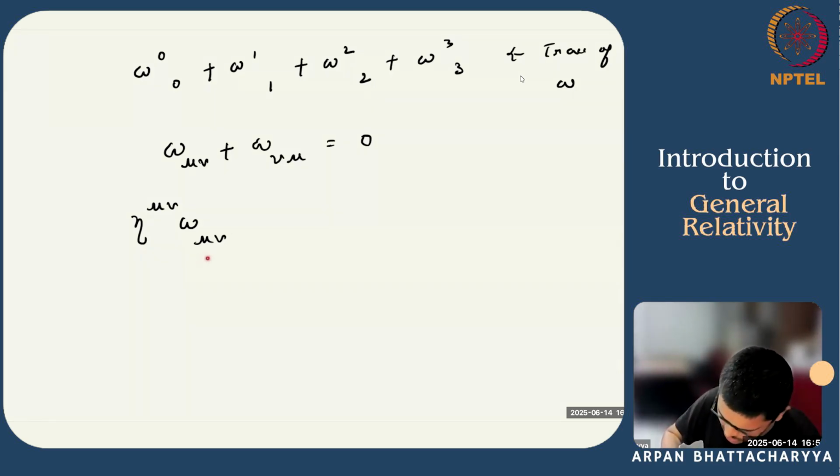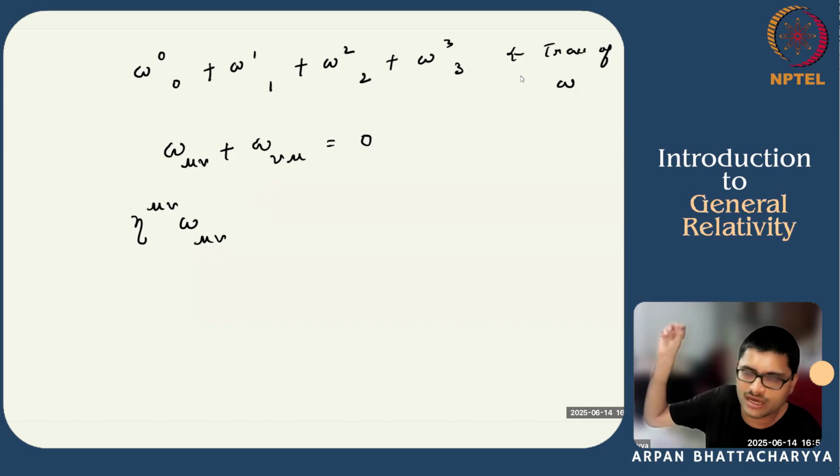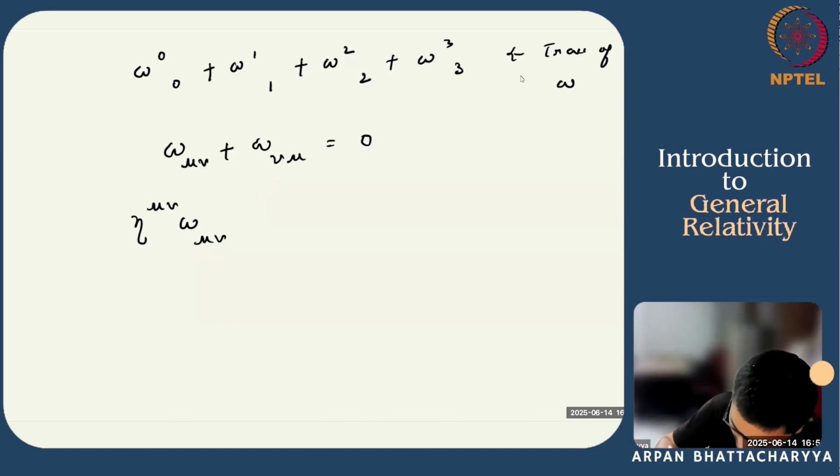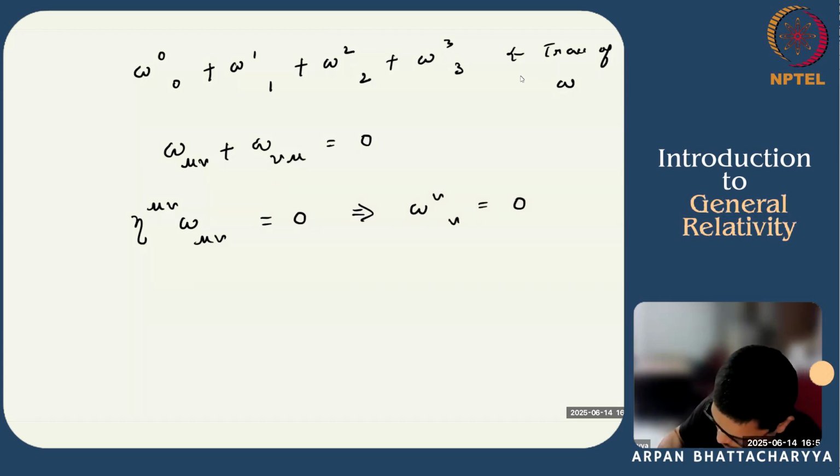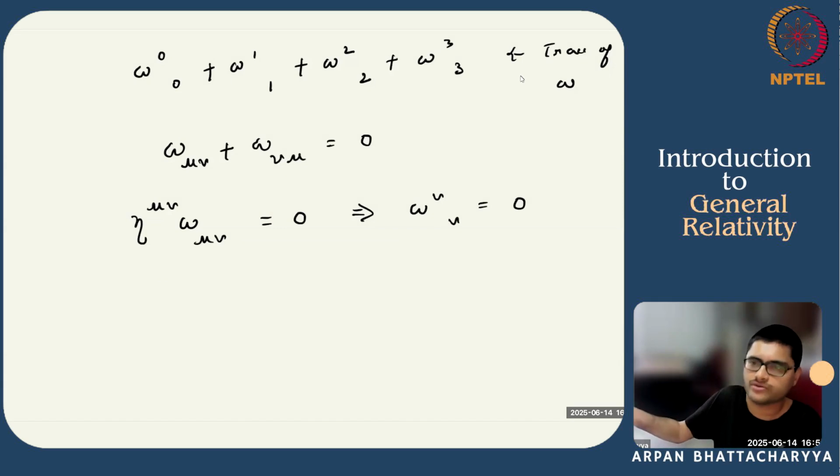So it will raise this mu index and convert it to nu. But now nu is the repeated index, so it's summed over. That means this is giving you the trace. And if you use this equation now and contract with eta mu nu upstairs, that is the inverse metric, then it says that this is 0, which means omega mu mu is 0. Repeated indices summed over, so this is giving the trace of omega is 0.